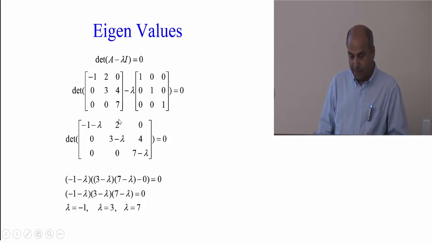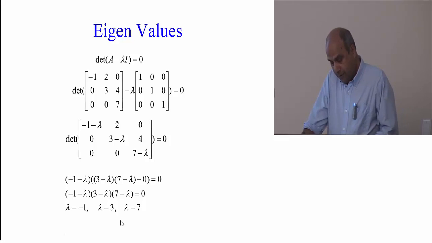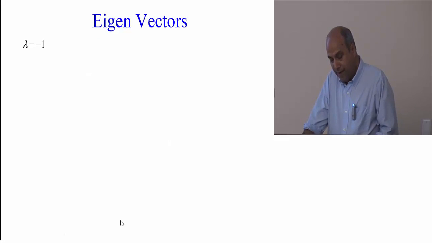Then this will become -2, and then you remove this, and like that, and then this one plus, and like that. You'll find out that this has these roots, -1, 3, and 7, and these are the eigenvalues.